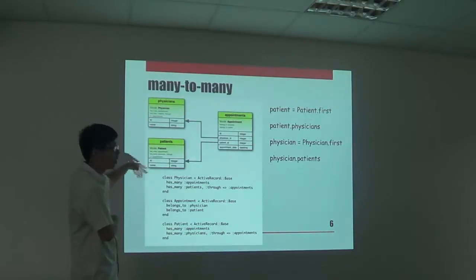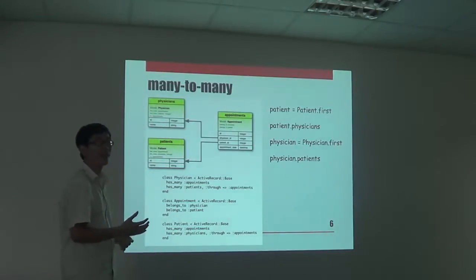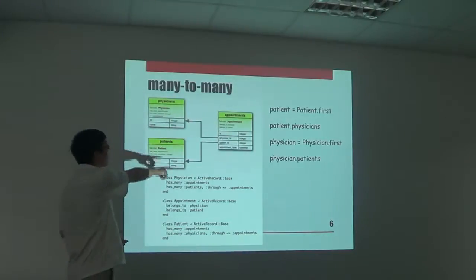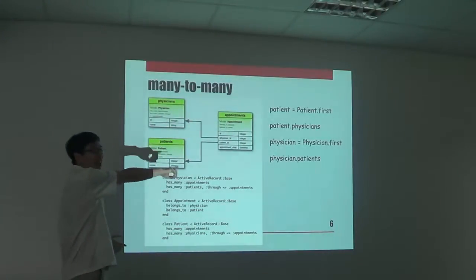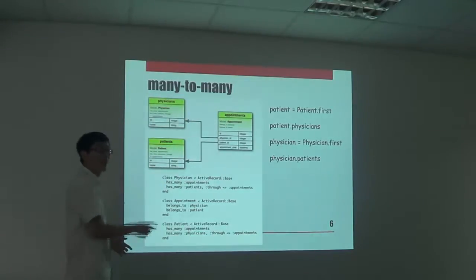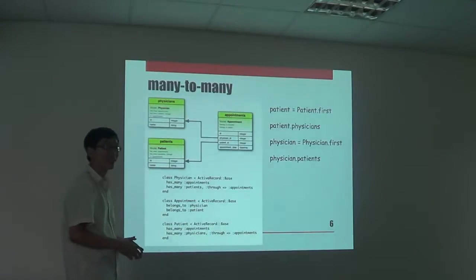So, patients will have many physicians. They can make appointments with lots of physicians. So, we have a relationship like patients can have many physicians, and on the other hand, a physician will have many patients. They can take care of lots of patients at the same time. So this is many-to-many relationship.